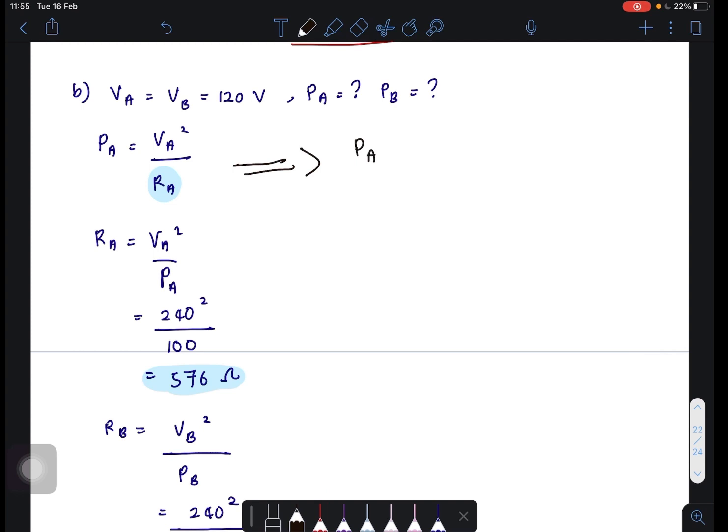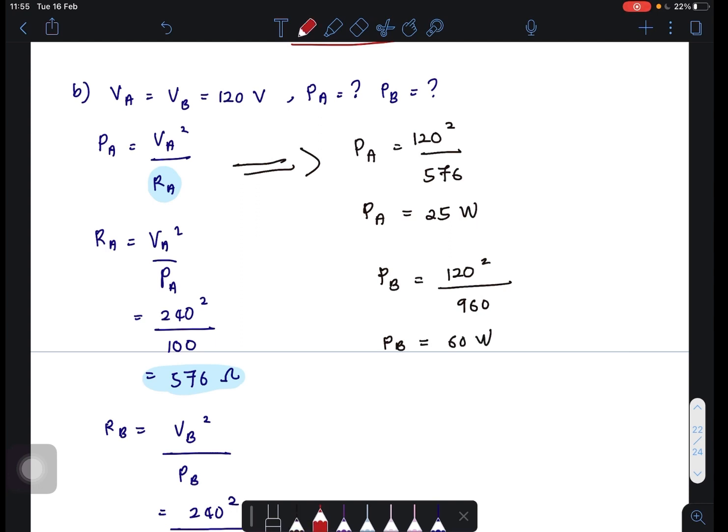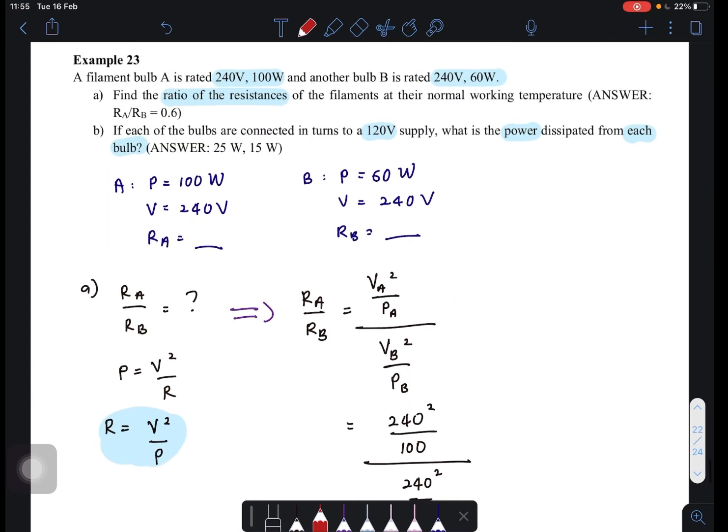So PA is now equal to 120 square divided by 576. So the new power rating for A will be equal to 25 watt. And then PB will be equal to 120 square divided by 960. So the new power rating for bulb B will be equal to 60 watt. Okay, so that is all for example 23.